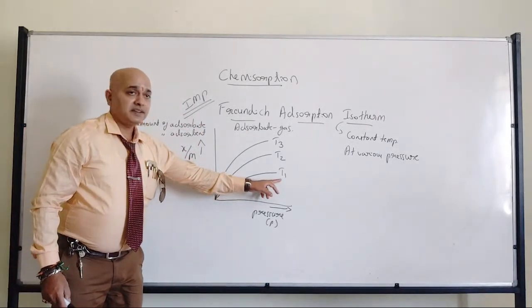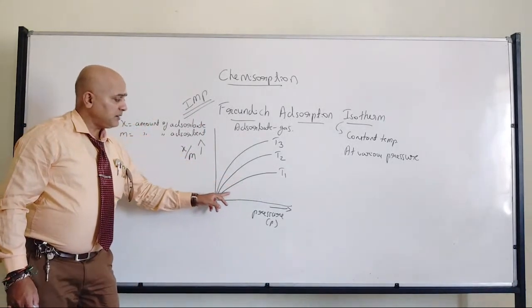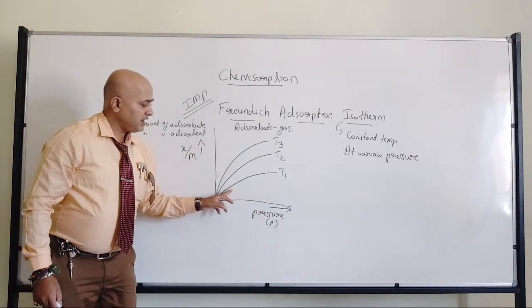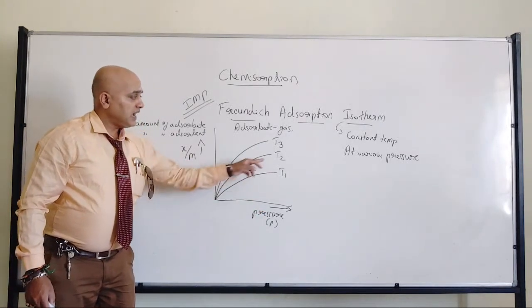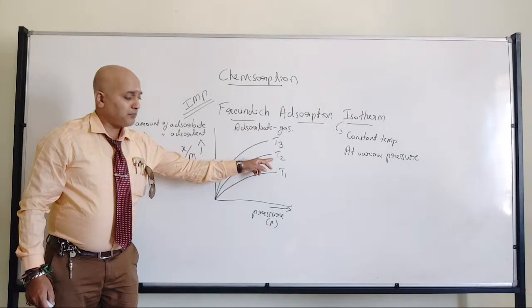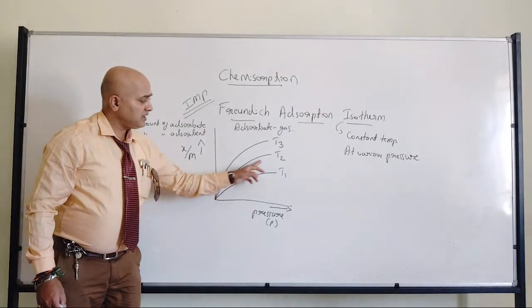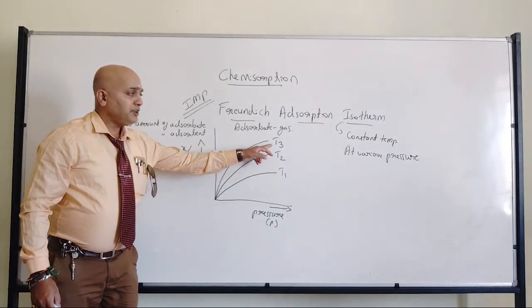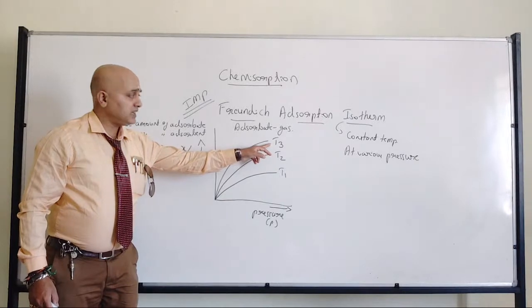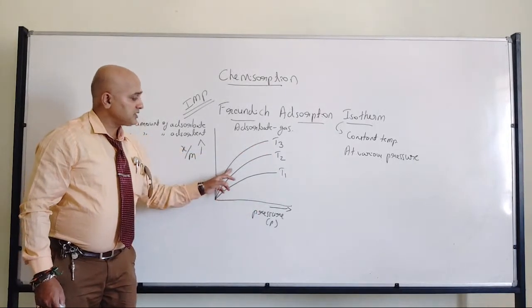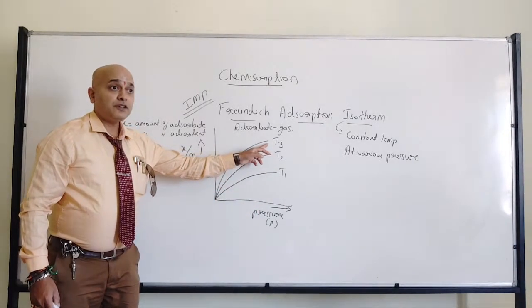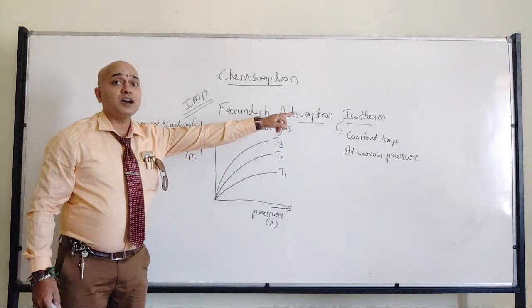So T1 is one particular temperature at various pressures. This is the graph. T2 is another temperature at various pressures. This is the graph. T3 is another temperature at various pressures. This is the graph. Therefore it is called an isotherm.